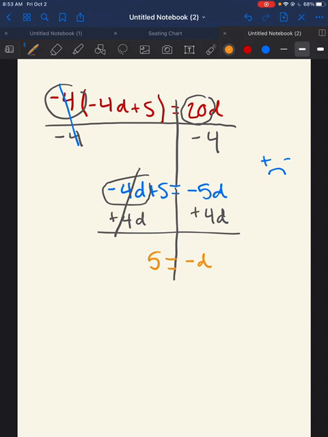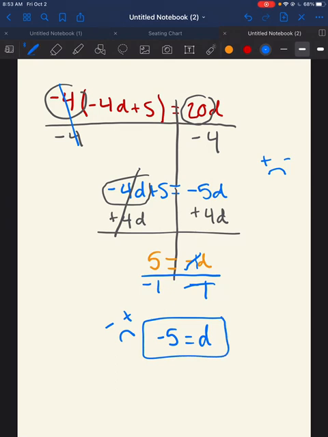Okay, I don't want that negative there. I got to get rid of it. To get rid of it, divide by negative 1. Okay, this is an imaginary 1 there. Okay, so this will cancel out. This will cancel out. I get d equals, when you divide by opposite signs, you get a sad face, negative 5. Okay, that's it.